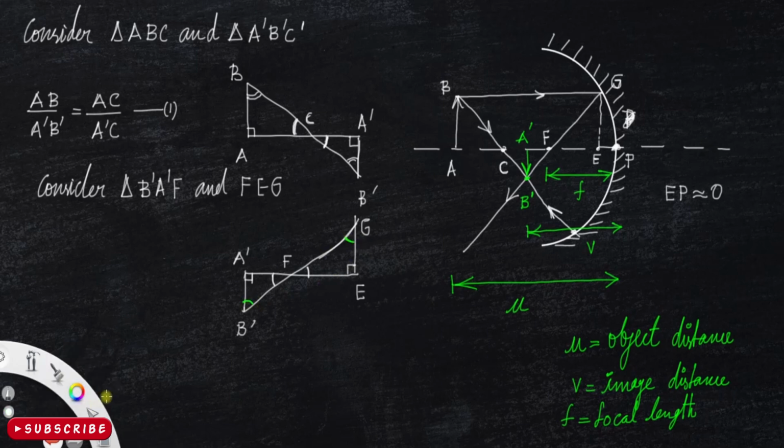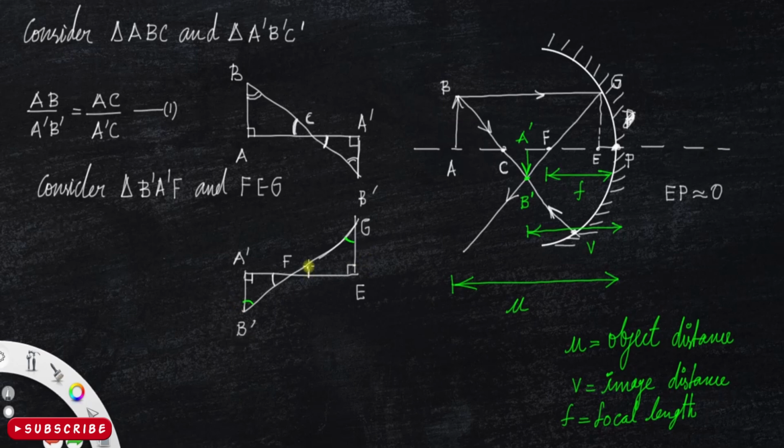Clear? Now if we take the ratio of similar triangles here, we can write A dash B dash by, or let me write EG first.